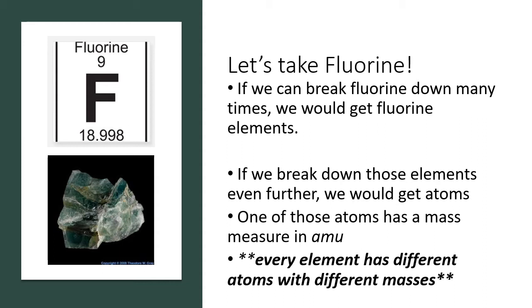Okay, so let's take the element of fluorine and further chop that up over and over again. And then we find that when we break down the element, we get an atom of fluorine. Okay, one of those atoms has a mass that's measured in AMUs. Every element has different atoms with different masses. So an atom of carbon is going to have a different mass than an atom of fluorine.